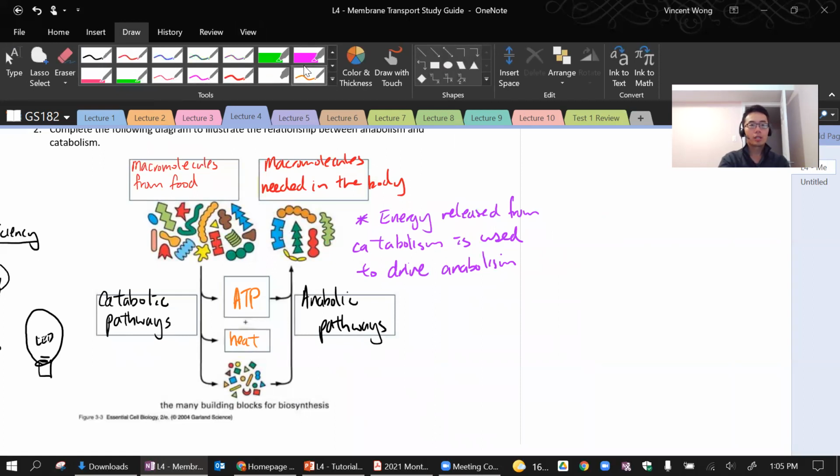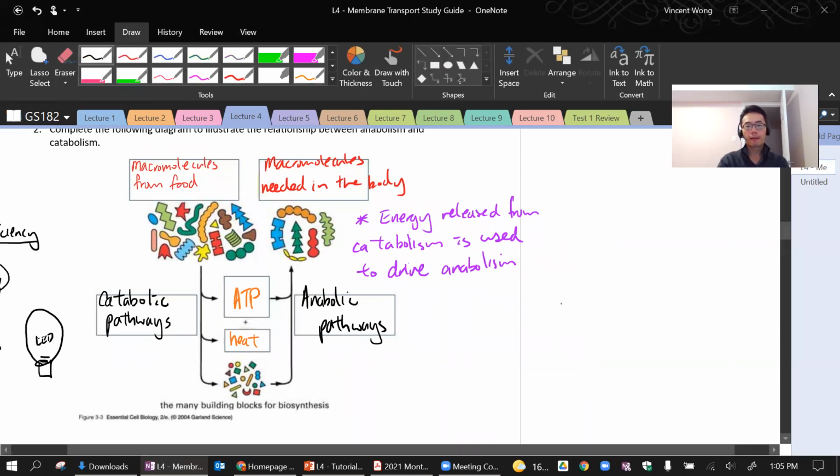Just a quick word about ATP. So as I told you, ATP is adenosine triphosphate. So there is an adenosine here, and then there will be 3 phosphate groups with a very energetic bond at the end. So this is ATP.